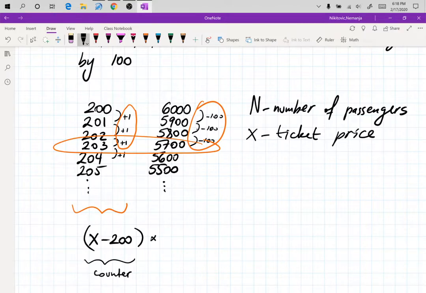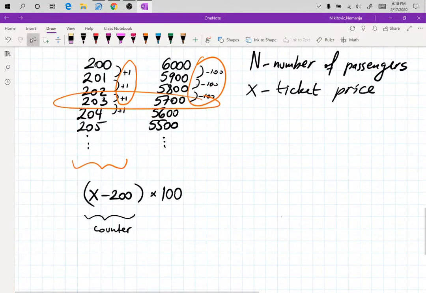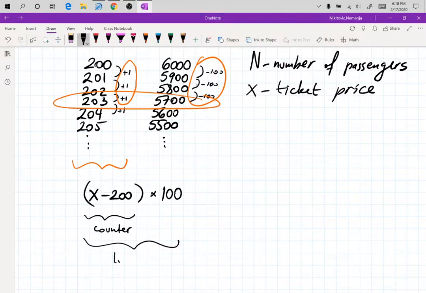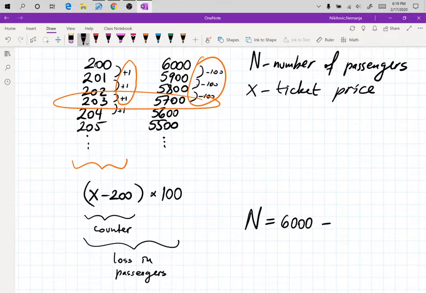And then you will multiply that by 100, and that creates the loss in passengers. So what we get is you are starting, so the number of passengers must be, we are starting with 6,000 people, and we will be losing 100 for each dollar that we increase.